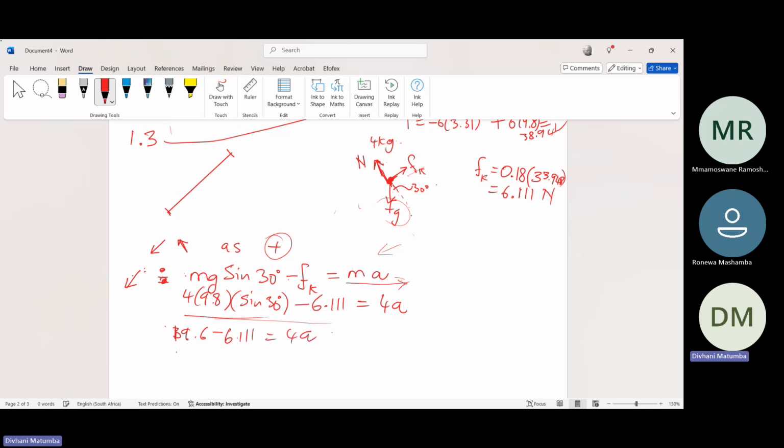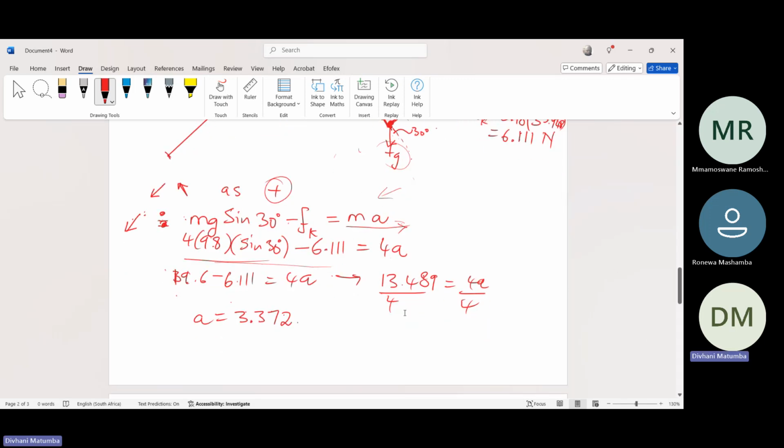Okay, so this will be 13.489 equals 4a. Then if we divide by 4, our acceleration will be 3.372. I don't know if I got the answer right. Okay.